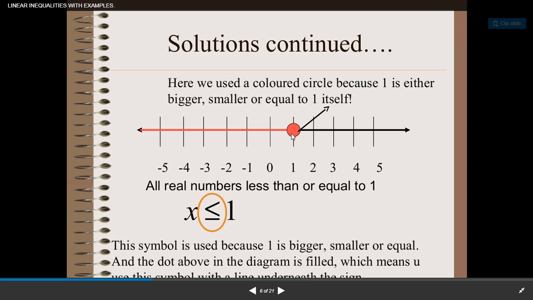Secondly, we know it's a solid circle. The fact that it's a solid circle tells us that the number 1 is also included in the solution set. It does fall in the range of values. Hence the difference between the symbol. Here we're talking about all the values of x which are less than or equal to 1. So the value of 1 is also included in the solution set.